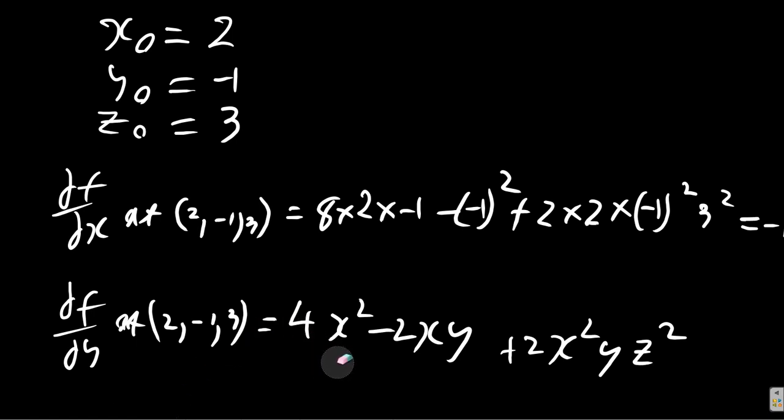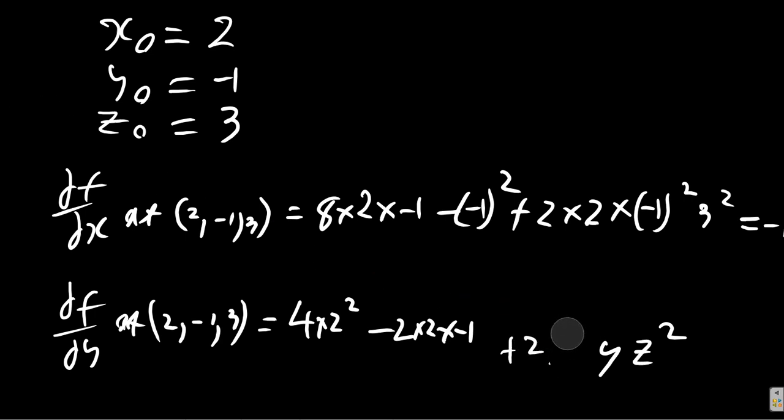So it's going to be 2 2's, 2 squared, 4 by 2 squared minus 2xy. X is 2, y is -1. So it's 2 times 2 times -1 plus 2x squared.